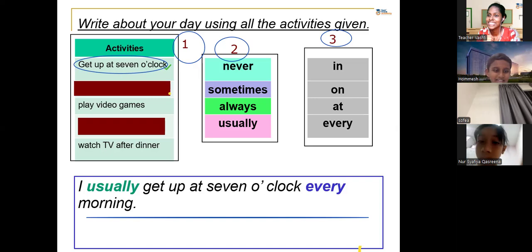No, that's not right. I always watch TV after dinner every night. Always means every. Okay? Edit. Sometimes means appo ippa. Cannot mix with every.